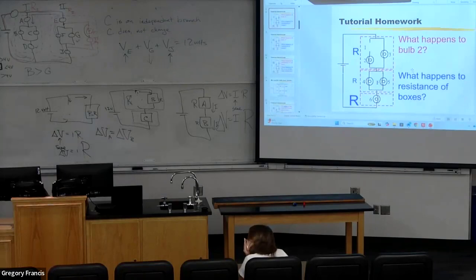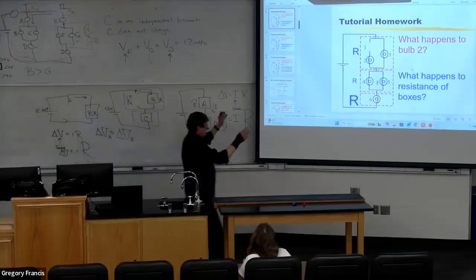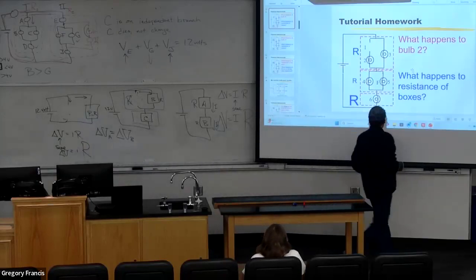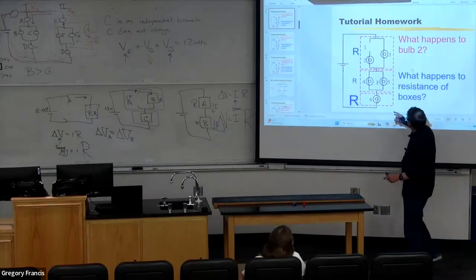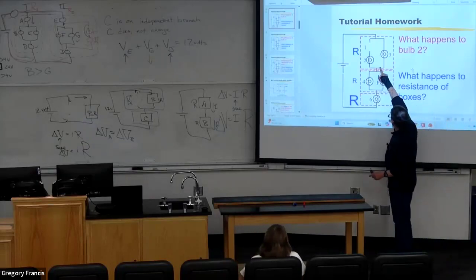now this box looks exactly, the way the camera's set up, I'm only recording this screen over here. So by taking out that bulb, this box now looks the same as the bottom box.